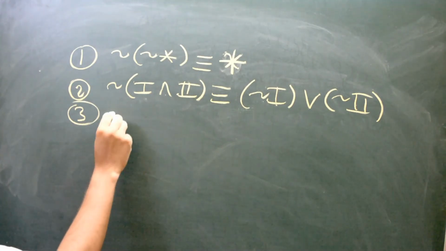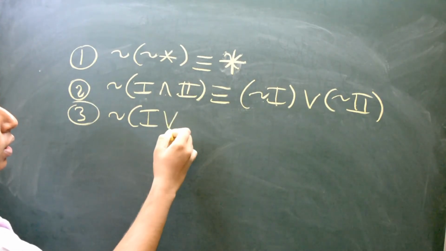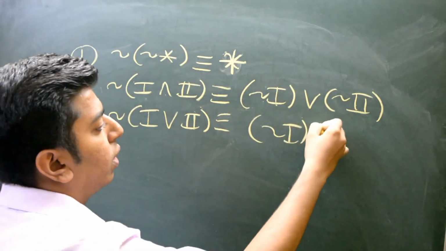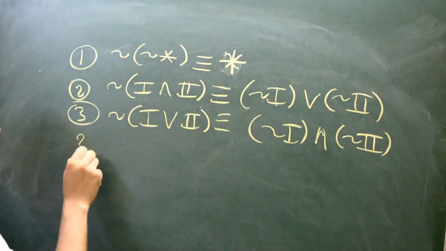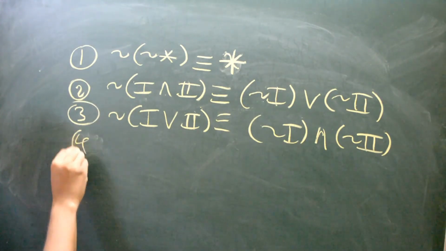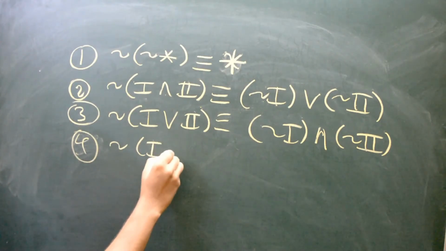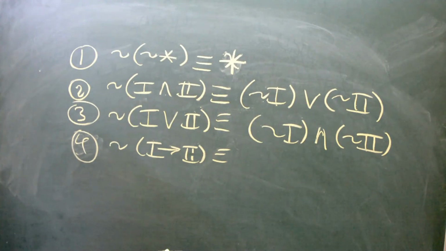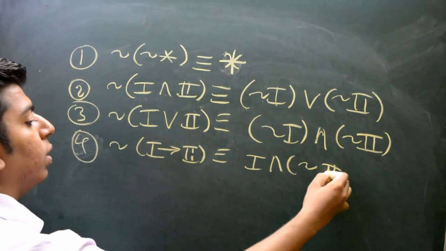Then the third one is negation of first disjunction with second equivalent to negation of first conjunction with negation of second. Then rule number 4 is negation of first implies second is equivalent to first conjunction with negation of second.